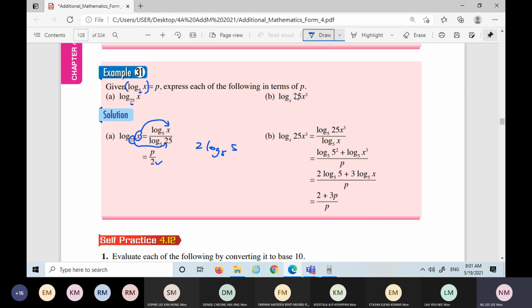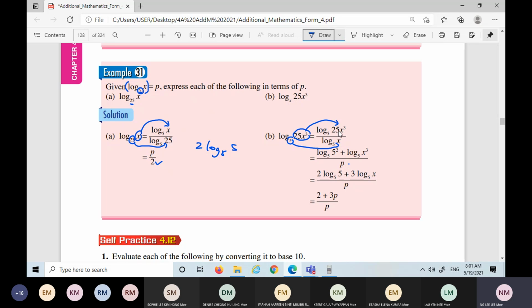The other example, log x, same thing. I am going to change it to log base 5, because the given one is base 5. So this one will go to the numerator, this one will go to the denominator. Then log base 5 of x is given as p, so you can replace it with p already.